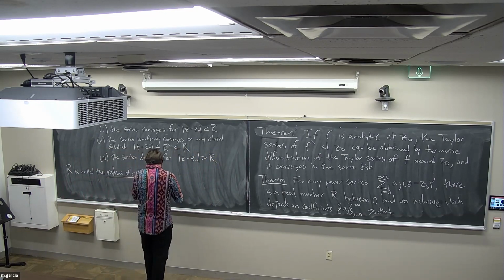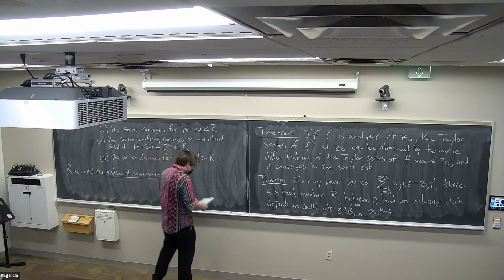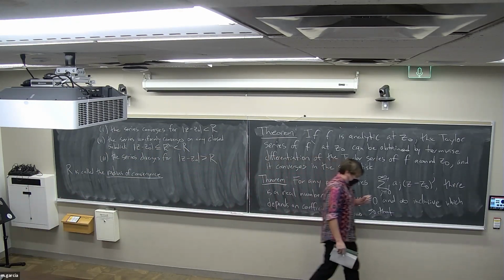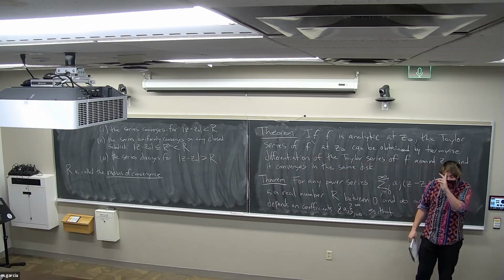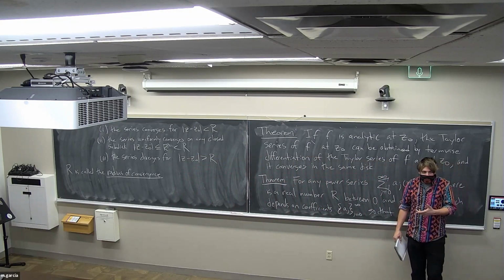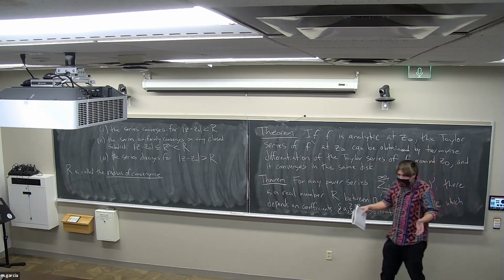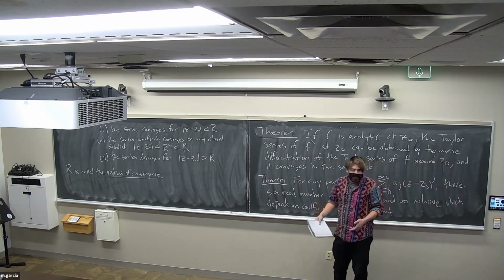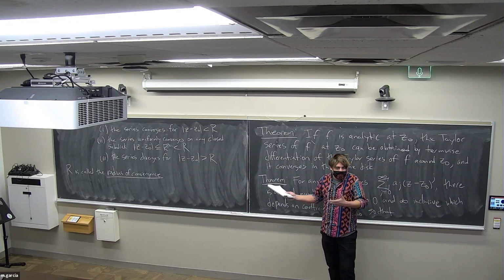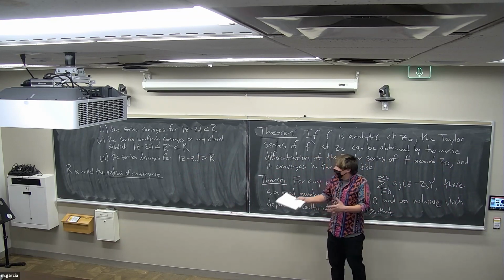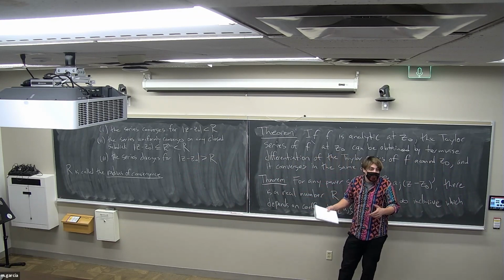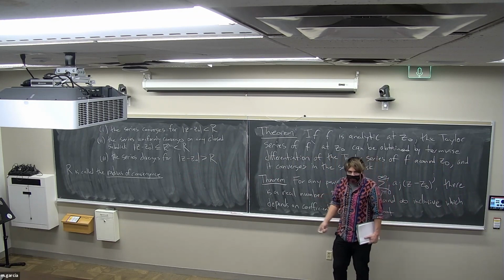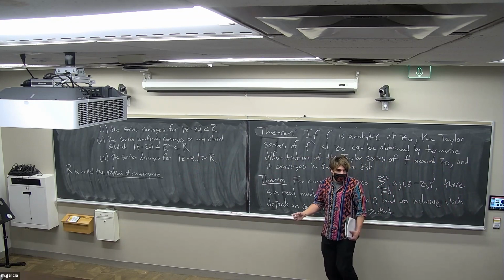Okay, so maybe finally the word radius makes sense, right? Because we're actually talking about disks. When you do this in calculus 2, you're talking about intervals. It's like, why do we call this a radius? Well, because power series were actually studied first in the complex case. What is the radius of a ball on the line?